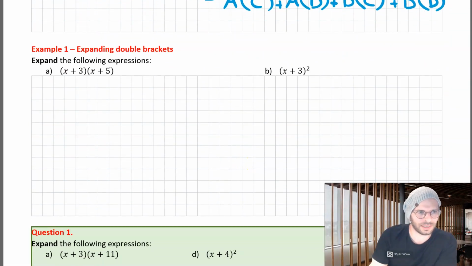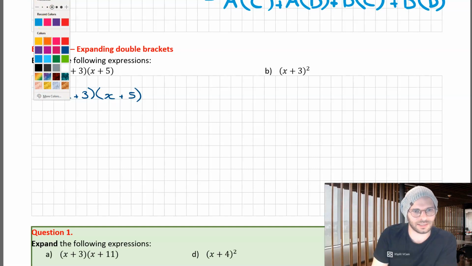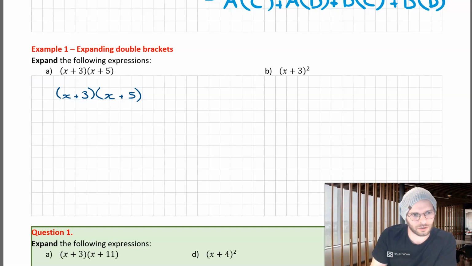Example 1, expanding double brackets. For the first example A, we have x plus 3 multiplied with x plus 5. The way in which we're going to expand this out is using the FOIL method. We first start off going first, outer, so the x with the x and the x with the 5: x times x plus x times 5.